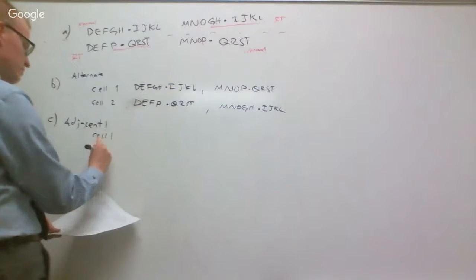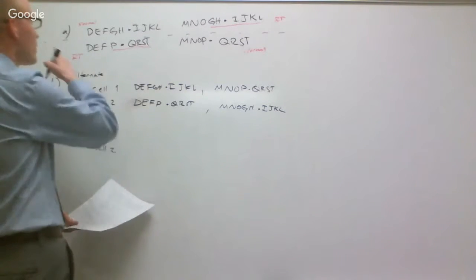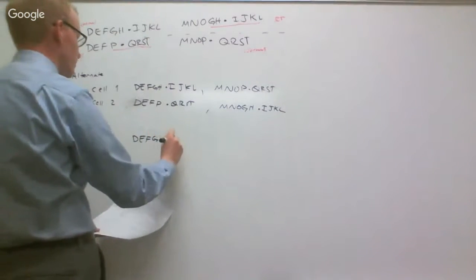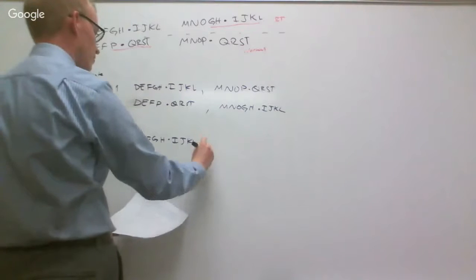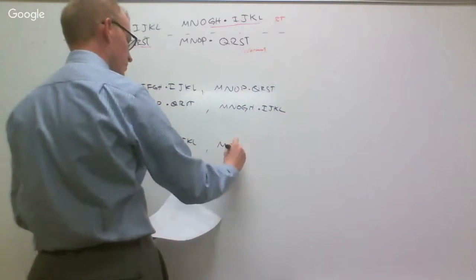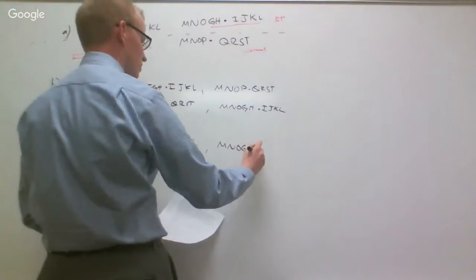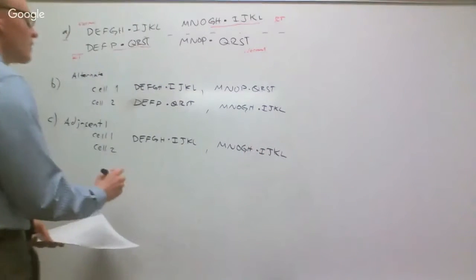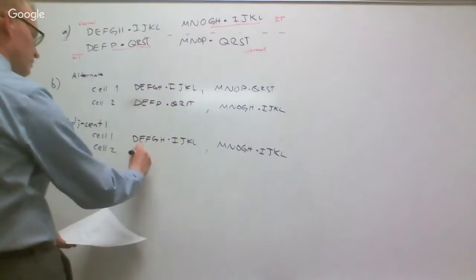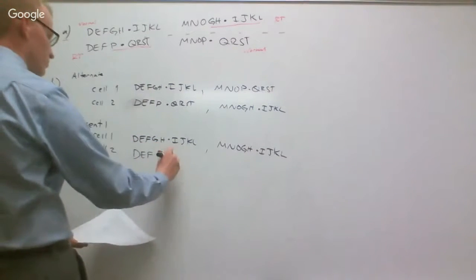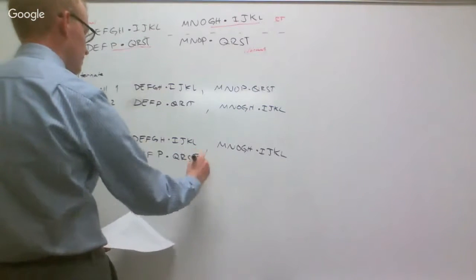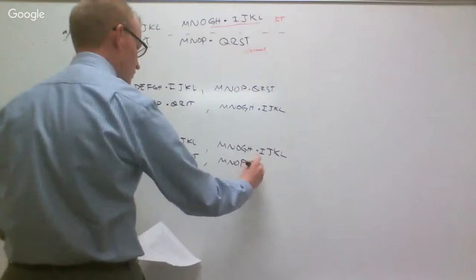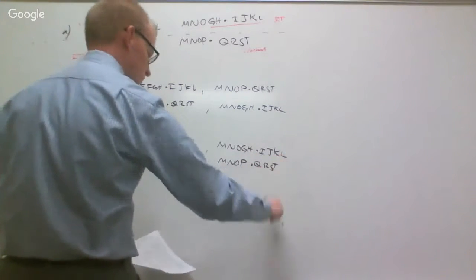Cell 1, cell 2, we are going to have D, F, G, H, centromere, I, J, K, L, followed by M, N, O, G, H, I, J, K, L, followed by D, E, F, P, centromere, Q, R, S, T, M, N, O, P, Q, R, S, T.